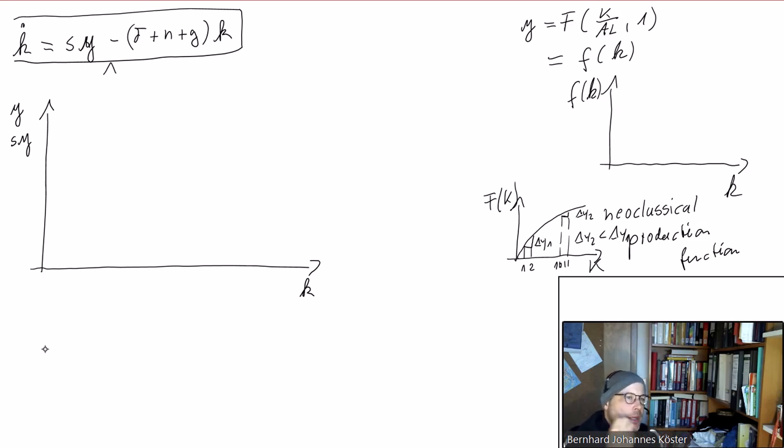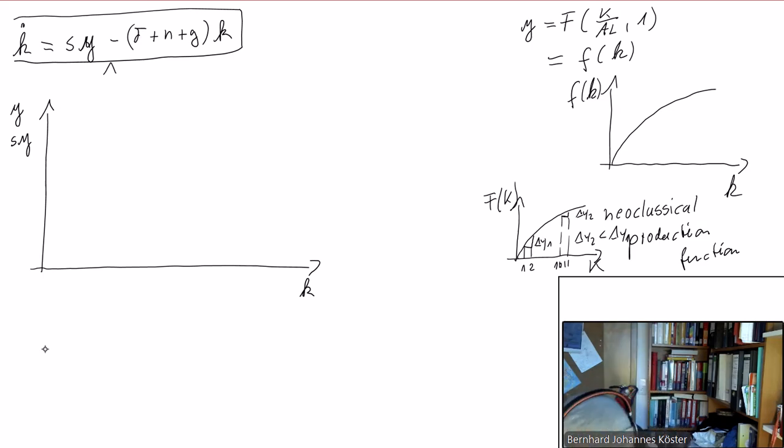Or in the highly developing process of China at the beginning of the millennium, China grew by 10% and more. Or if you look right now to India, then India is doing quite well and has growth rates between 5 and 10%. So this is our neoclassical production function.